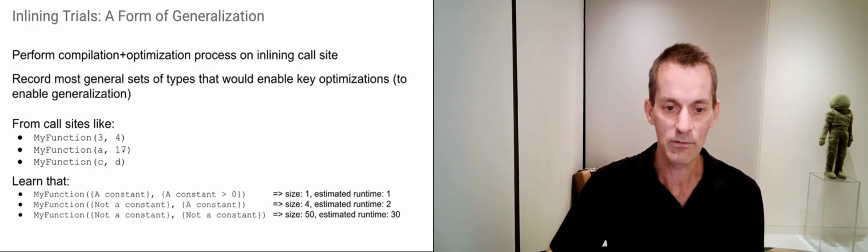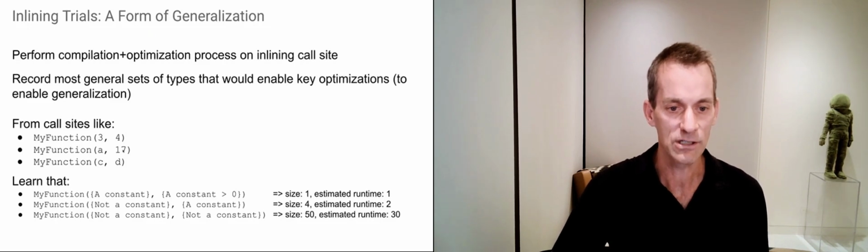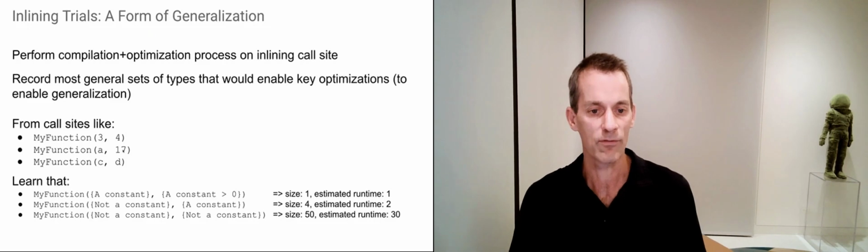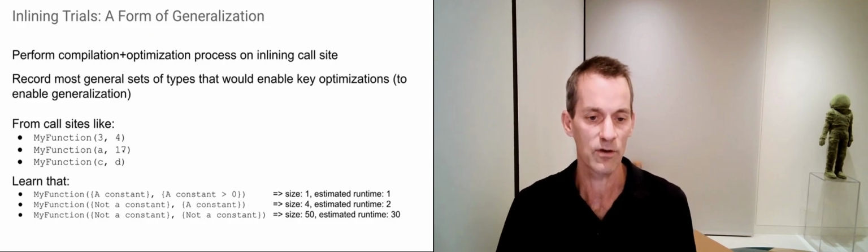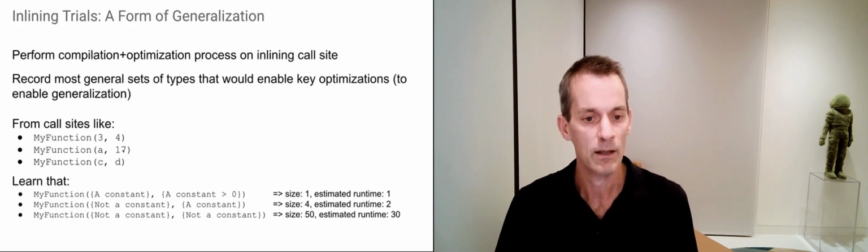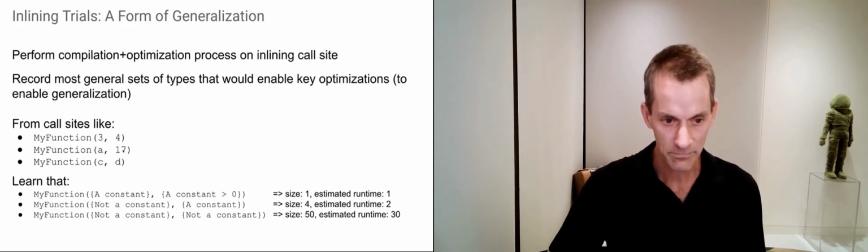And you want to try to generalize that. Suppose you have a function called myfunction that has a bunch of call sites. At one call site, it's called with two constants. At the second call site, it's called with some variable that is an unknown value and 17. And at the third call site, it's called with two things where the value is not known at compile time.